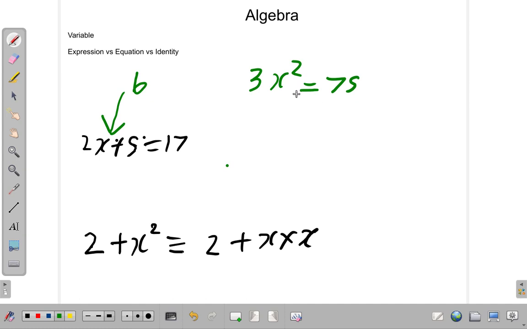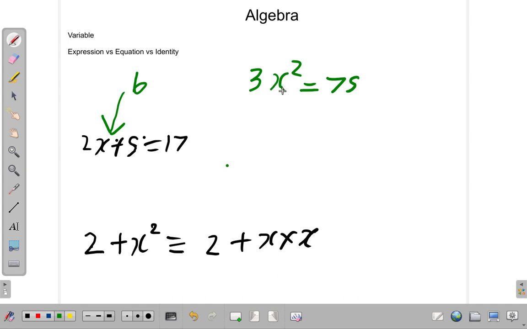By the way, this is what would be called a quadratic equation, but we'll come to that later on. And it's quadratic because you have the x squared, the variable squared. But for the purpose of this video, we just see what we could put here to make this work.